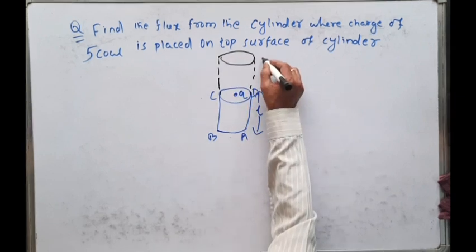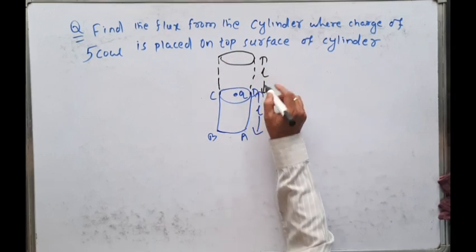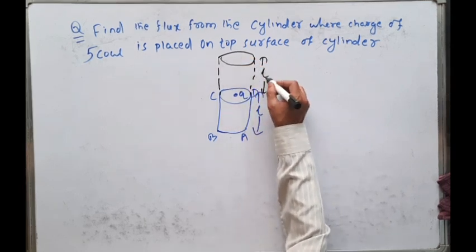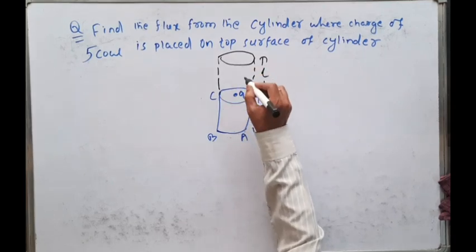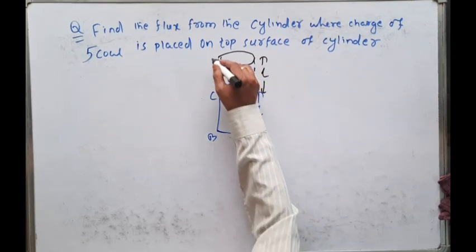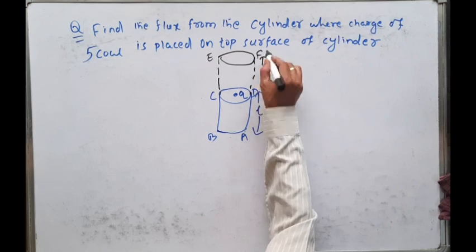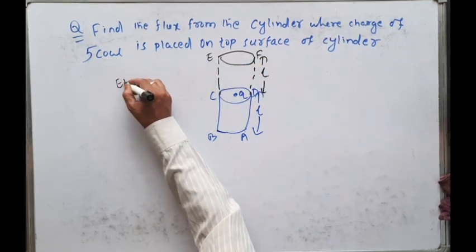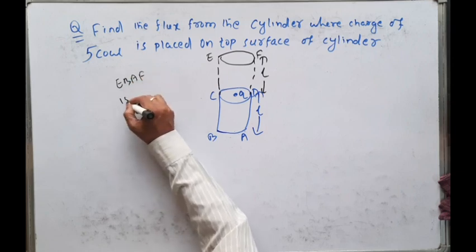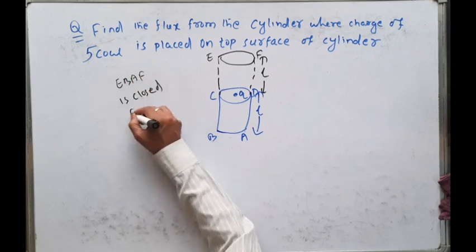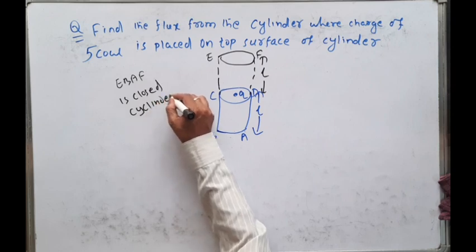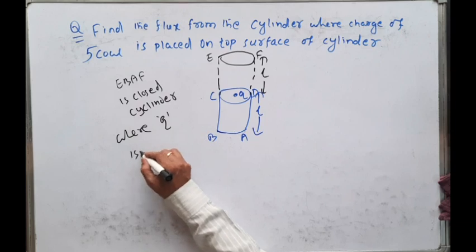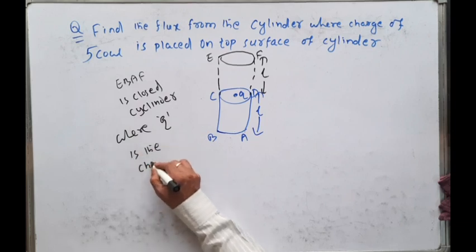imaginary cylinder of the same length L. This is the length of the original cylinder. We are taking an imaginary cylinder of length L just above this cylinder. Now you see, let us say this is E and F. Now this EBAF is a closed cylinder, where Q is the charge enclosed.